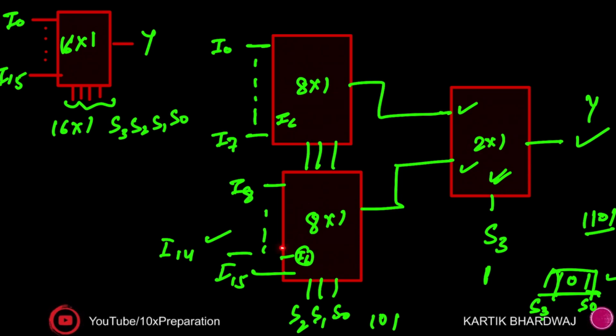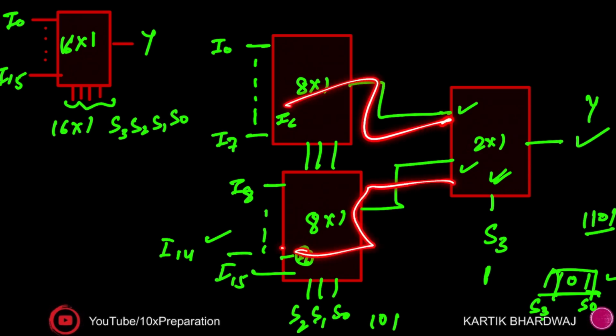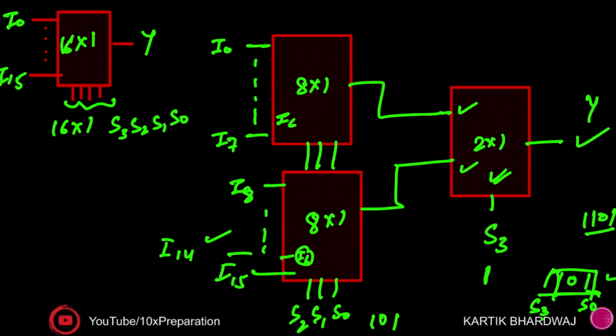Two data come out, and on the basis of the MSB it selects one and you get it at the output. This is quite simple. If any doubt, you can ask me.